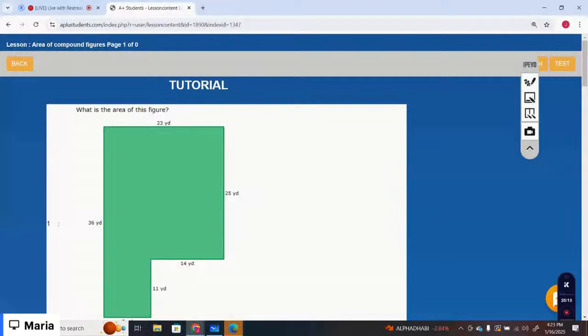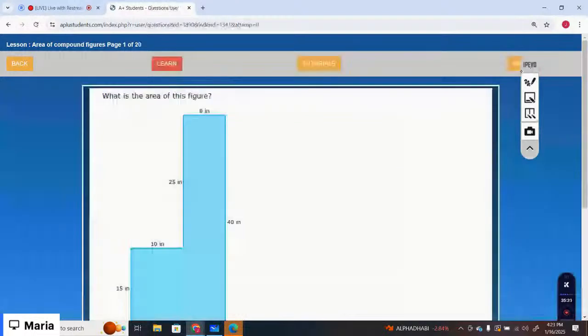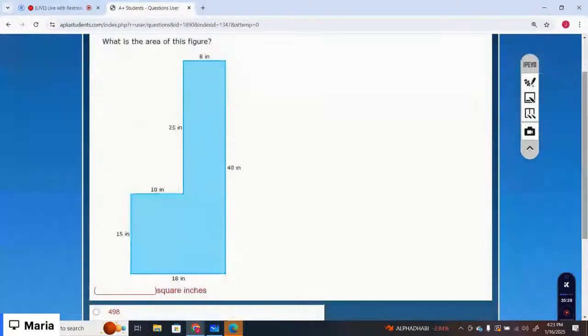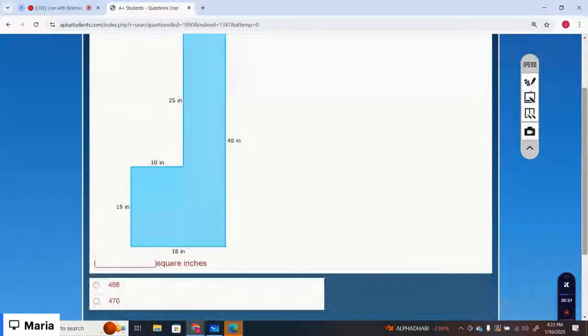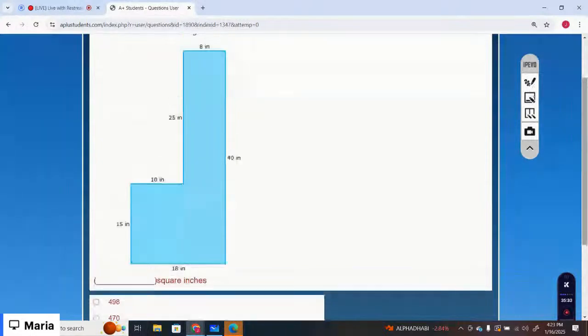What is the area of the figure? How do we calculate the area of compound figures? Let's just start with the test questions. You can have a look at the tutorial by yourself later today. Basically, you have to divide the figures into smaller figures and then we can calculate the area. For example, just look at this one.